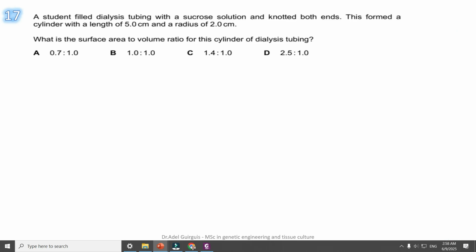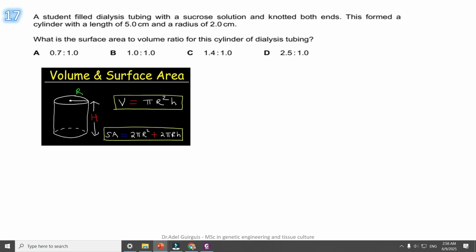Number 17. A student filled dialysis tubing with sucrose solution and knotted both ends. This formed a cylinder with a length of 5 cm and a radius of 2 cm. What is the surface area to volume ratio for this cylinder of dialysis tubing?